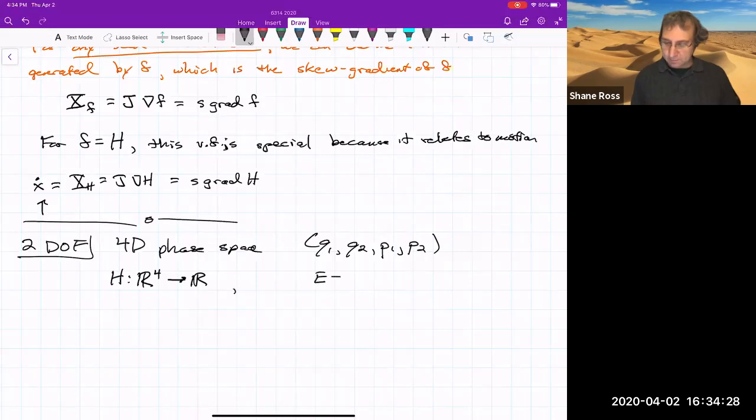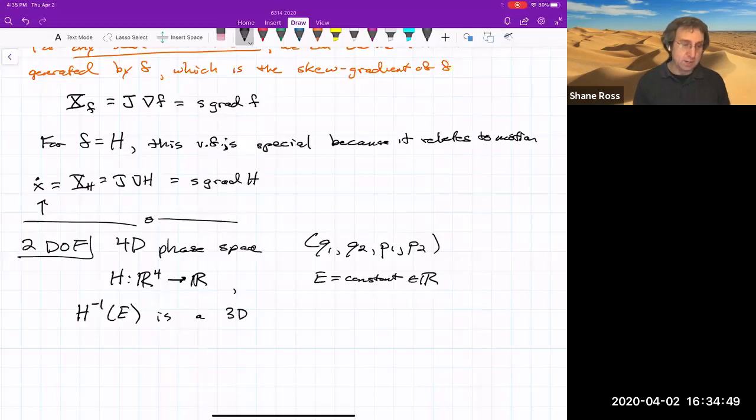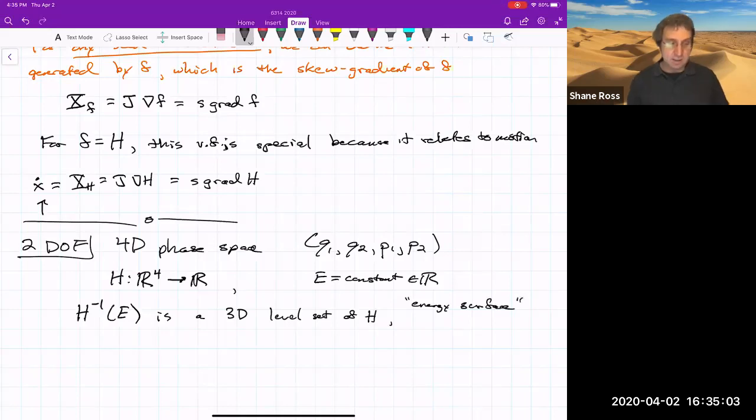H is the function, and let's say we're choosing some constant E. E is just some scalar. H inverse of E is another way of writing the 3D level set of H, which we previously called an energy surface. So this would be the energy surface with energy E, or energy manifold.